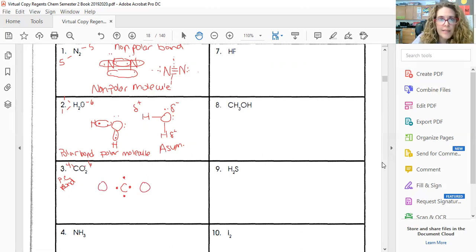And each of these has 6 valence electrons. So 1, 2, 3, 4, 5, and 6. And 1, 2, 3, 4, 5, and 6.